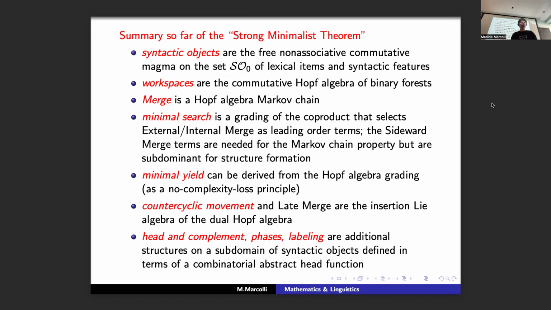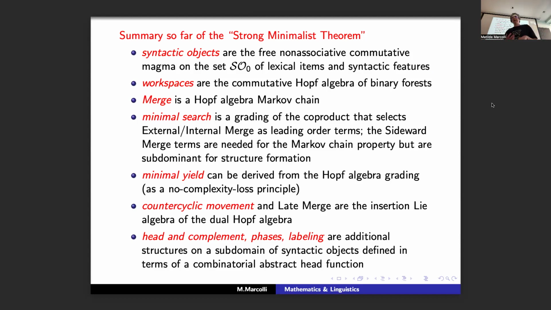Workspaces are the commutative graded connected Hopf algebra of binary rooted forests, whose components are syntactic objects. Merge is a Markov chain over this Hopf algebra. And what is called minimal search is a grading of the coproduct that selects as leading order terms the external and internal merge. The sideward merge, which is subdominant for the purpose of structure formation, is needed for the Markov chain property. So that's how these things relate.